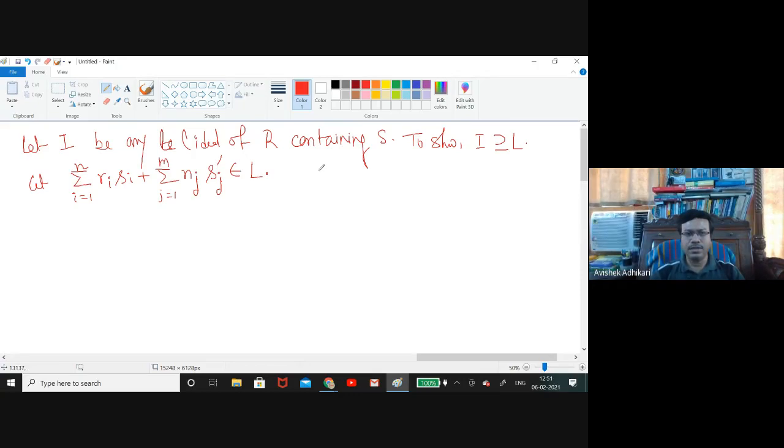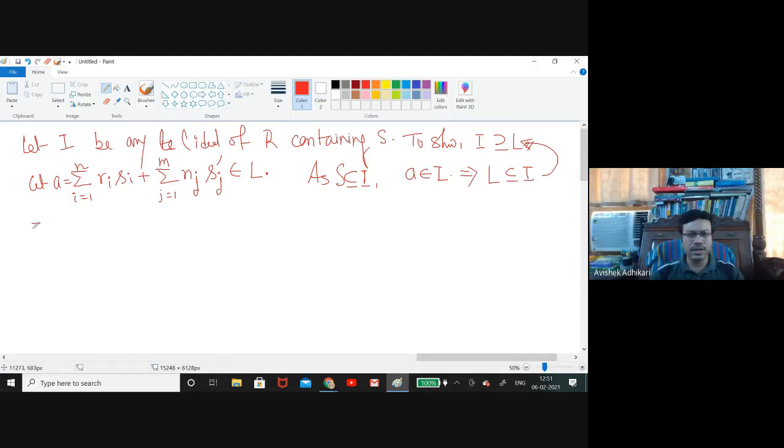So as S is a subset of I, this element, if I consider it to be a, belongs to I. That implies L is a subset of I. What we need to prove. So we are done.